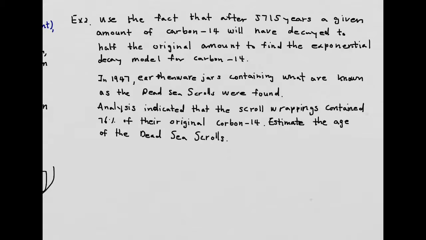Okay, the second example that we're going to look at is going backward. The other problem that we were looking at was population, the future amounts of the U.S. population. This time, in example 2, we see if we can tell the age of old stuff. And here we have an example of carbon-14.